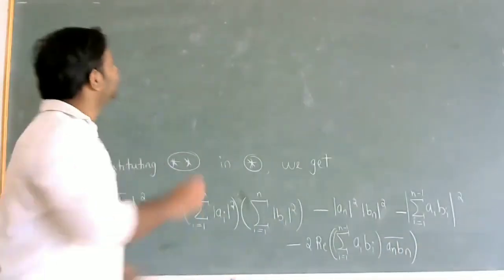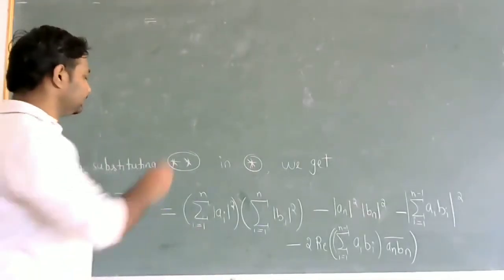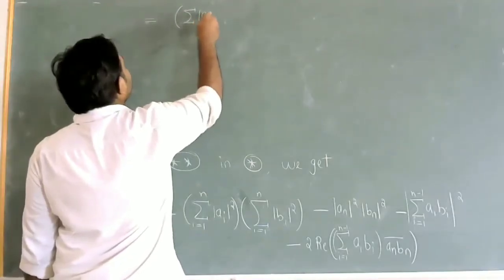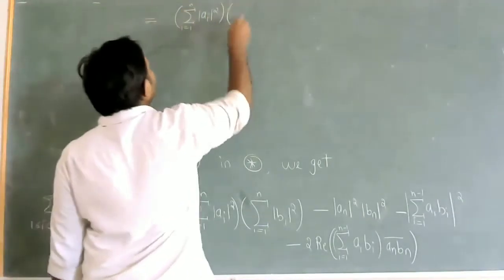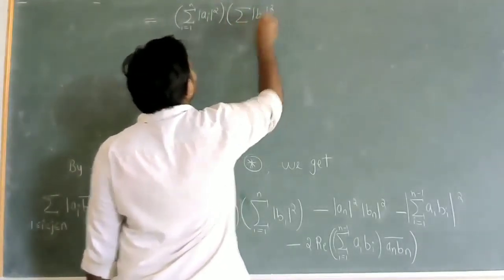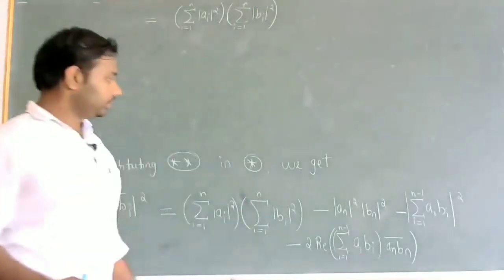This step is equal to, so first term as it is, summation modulus of ai whole square, i running from 1 to n, summation modulus of bi whole square, i running from 1 to n, into.